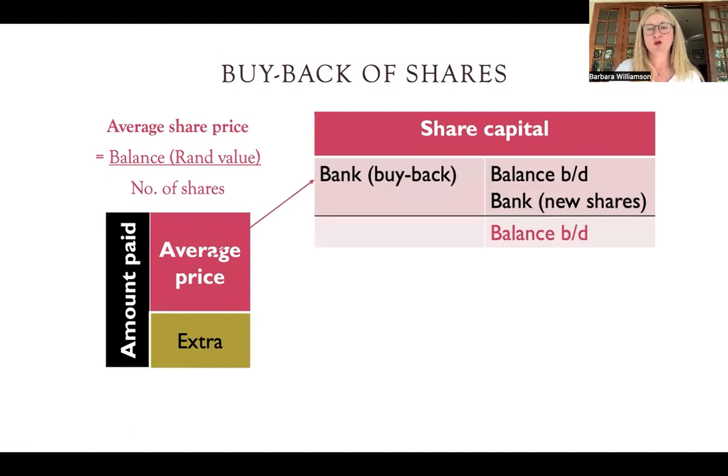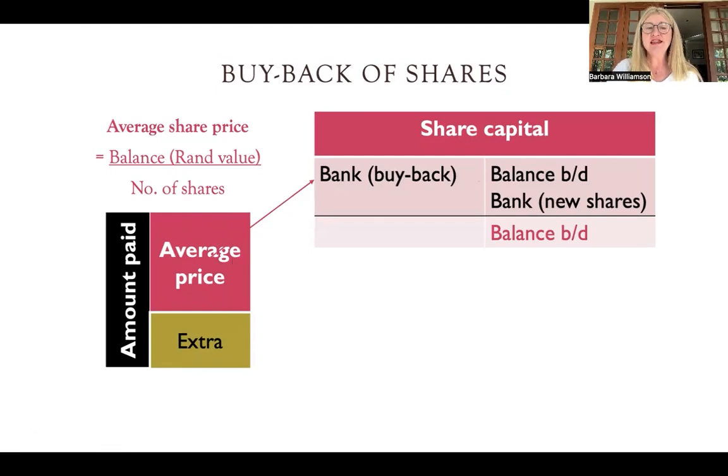This is very important because you can't take more out of share capital than what you put in the first place. So when you issue shares, they would have gone in on the credit side at their issue value, but when you buy them back, they can only come out at the average value of whatever's in the share capital. So that's why we need to calculate the average price.